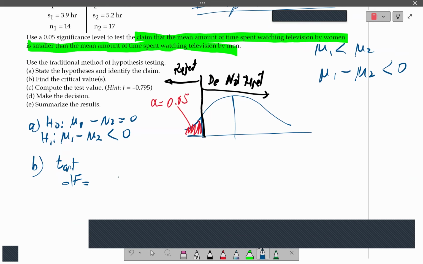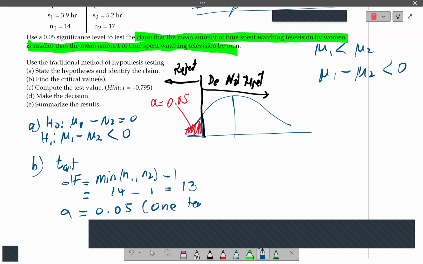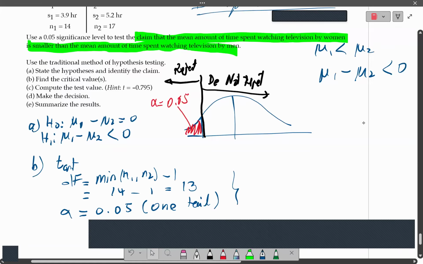That's going to be the minimum value of N1 and N2 minus 1. The smallest value is 14, minus 1, which is 13. That's the degrees of freedom. And you need to know the alpha, which is 0.05, and one tail versus two tail. And this is one tail.